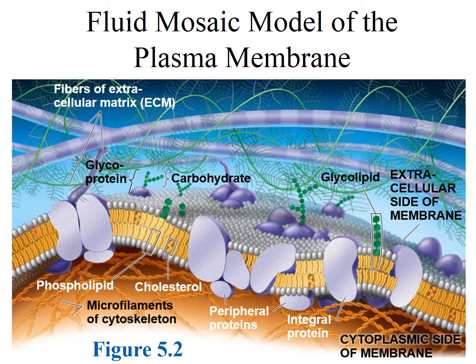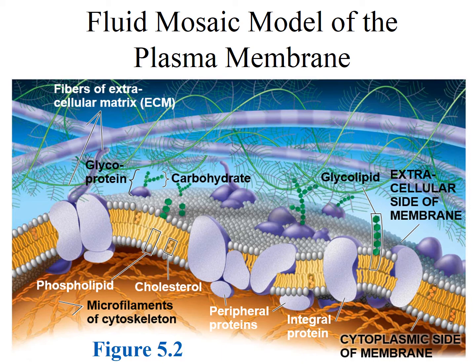The model piece of the fluid mosaic model refers to the understanding that we are continually bringing in new information and developing a better appreciation for how this membrane actually works and what each one of these globular proteins does in terms of providing support for the cell.